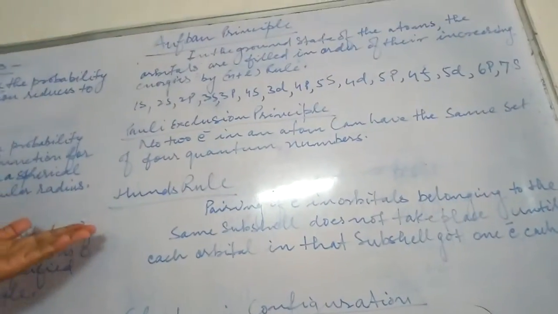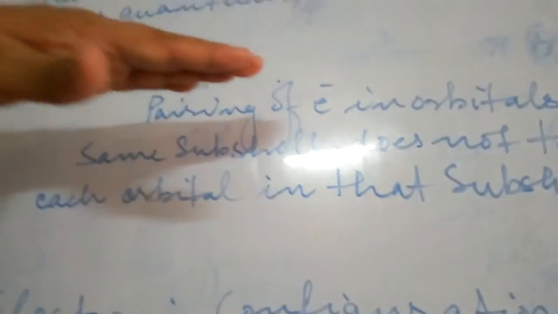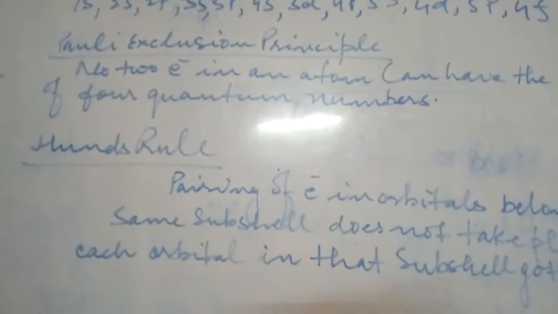At the very last, we are going to discuss Hund's rule. Children, what is Hund's rule? Pairing of electrons in orbitals belonging to the same subshell does not take place until each orbital in that subshell gets one electron each. Very simple.